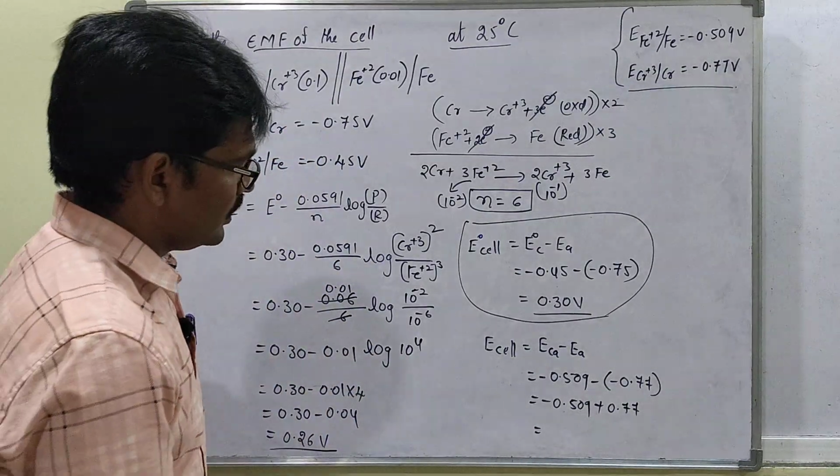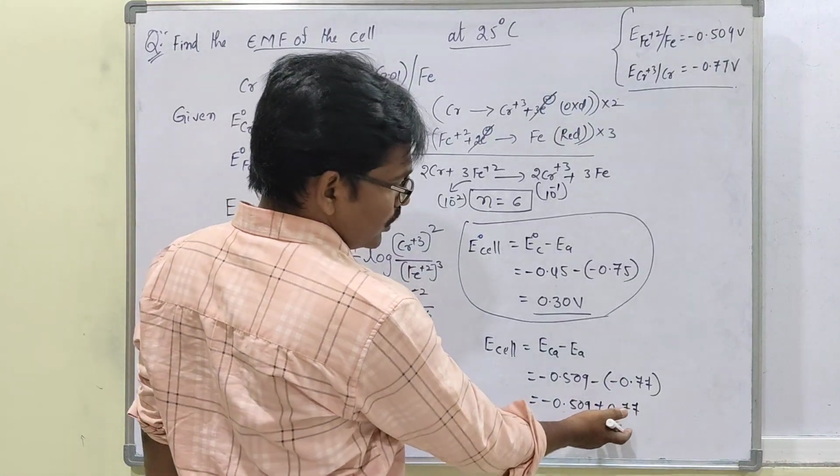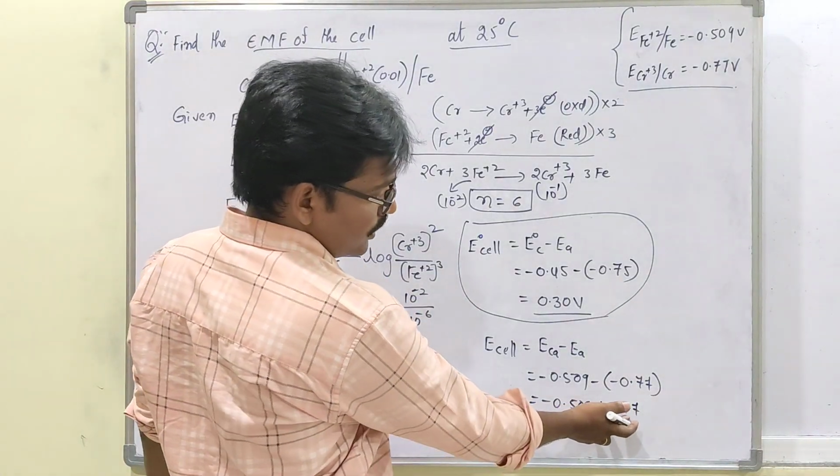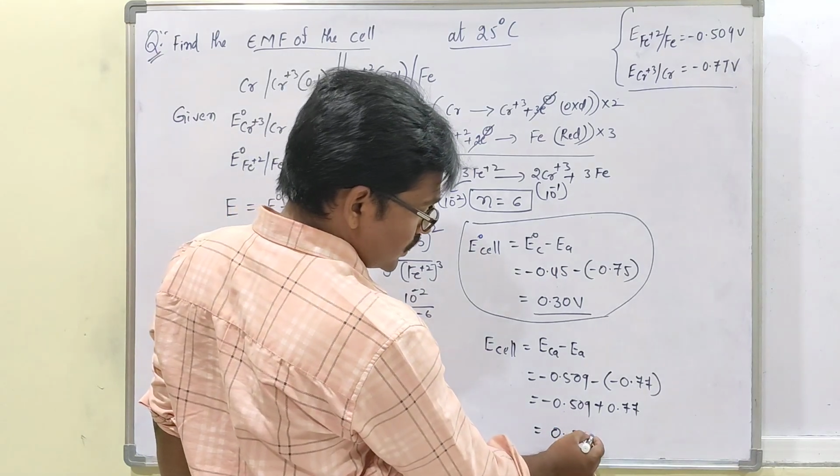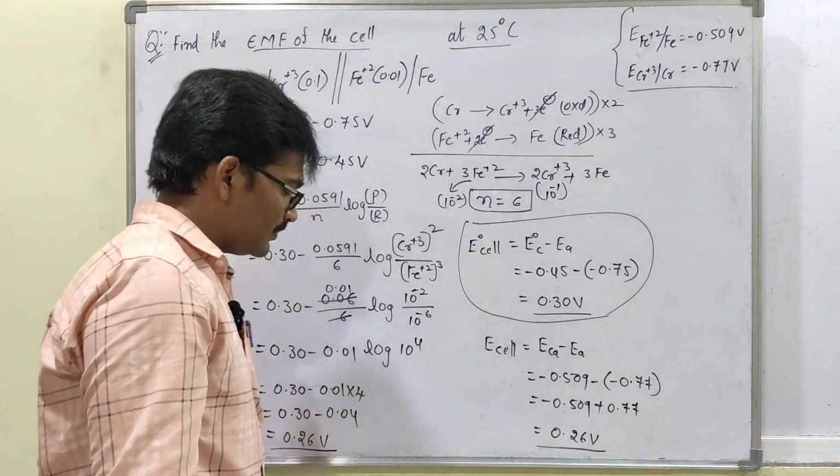That is cathode. If you compute 0.509 with 0.77, then you get 0.26 volts. Same value you get.